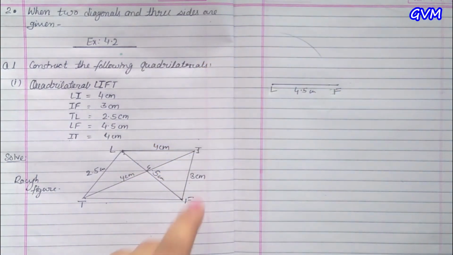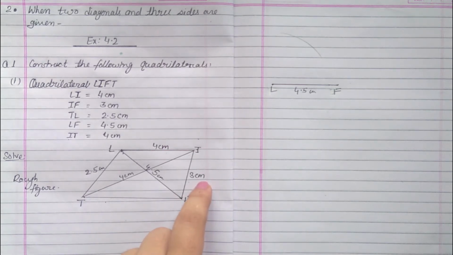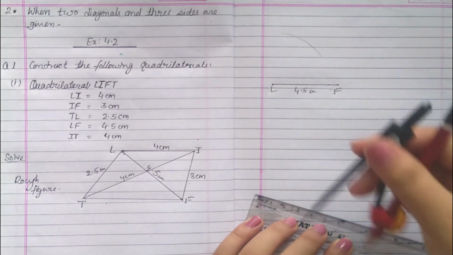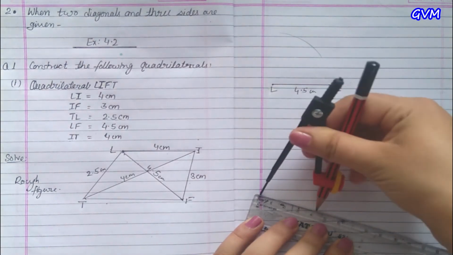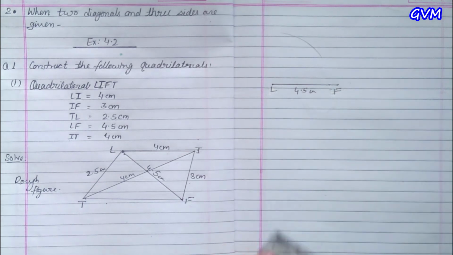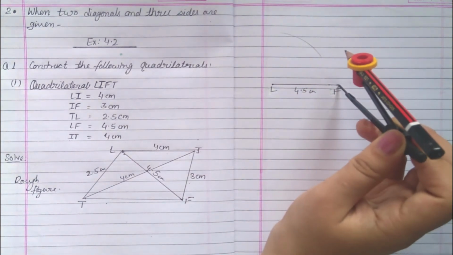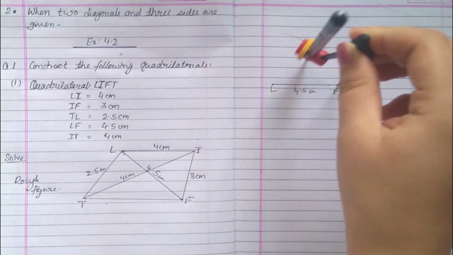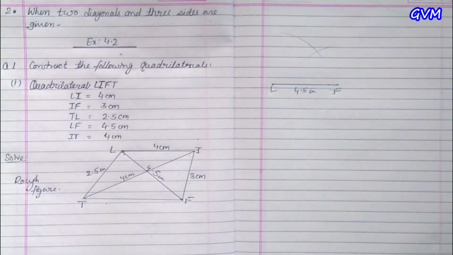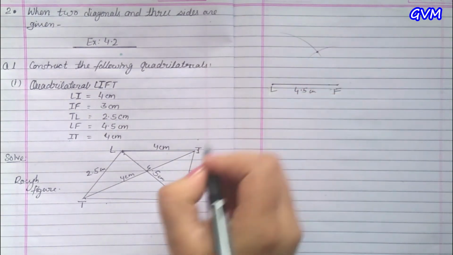Now from F we need 3 centimeter. Again take the ruler and compass, put the needle at 0 and take the measurement of 3 centimeter. Put the needle at F and mark this arc. The intersecting point of these two arcs is I.